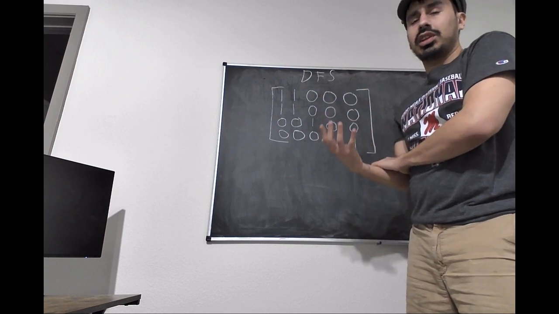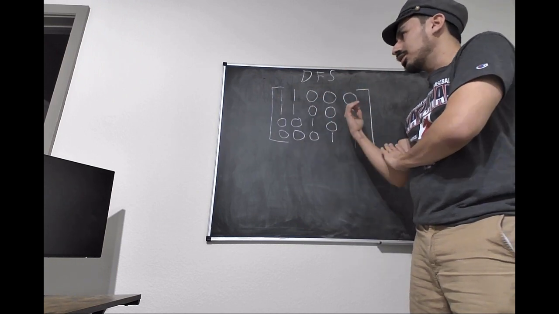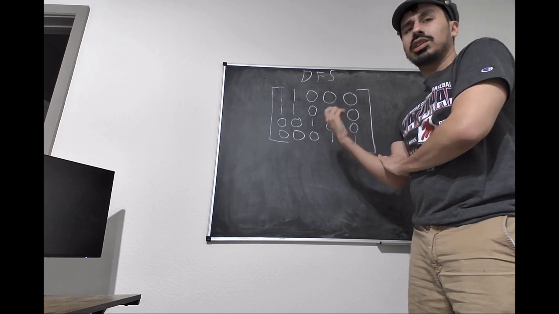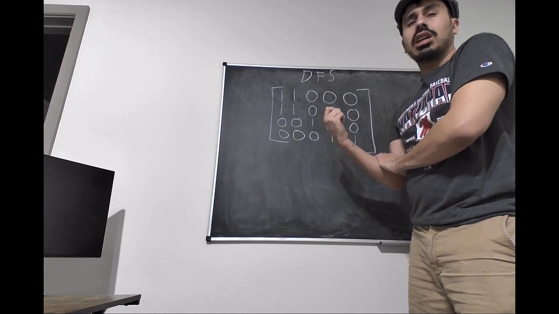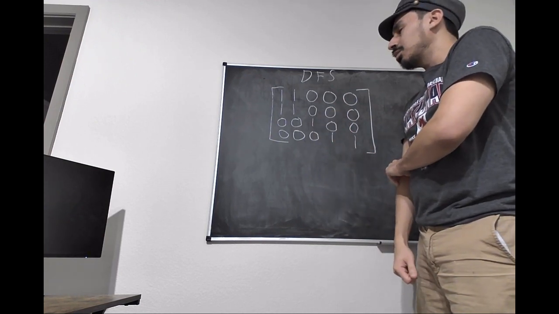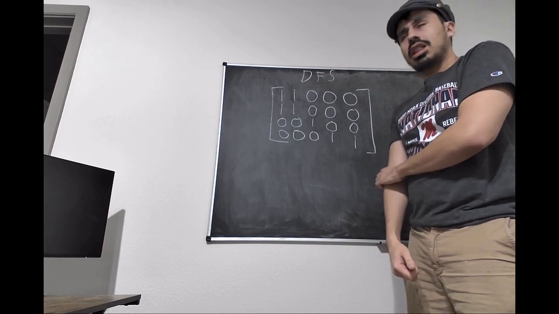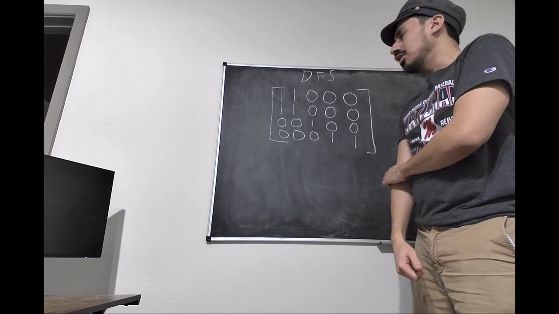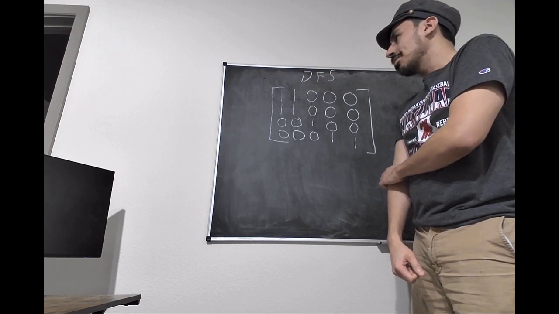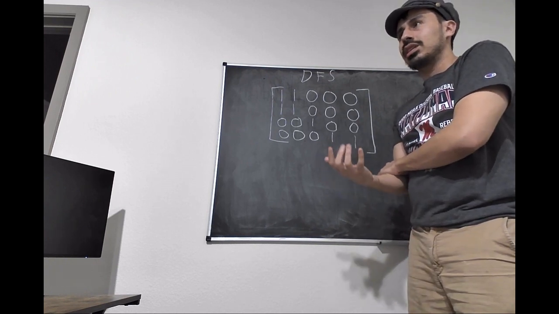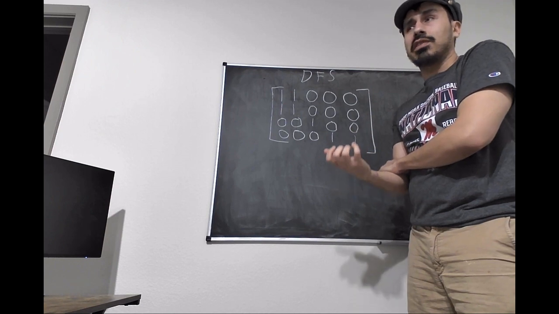We do some sort of loop, and we loop through this structure here, which will be a 2D array. And then every time we find an island, we increment that counter. That's sort of the high level of how we want to do this.